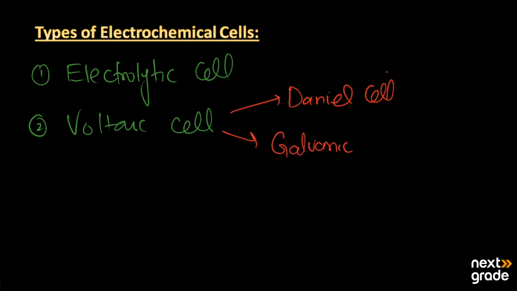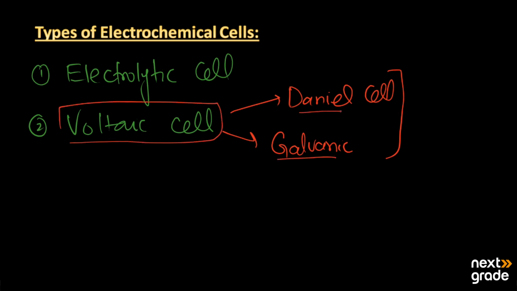So these names are used for the voltaic cell. By the name of the scientist, it has been given a specific name. By the use of these two cells, a process takes place, which is called the electrolysis process.